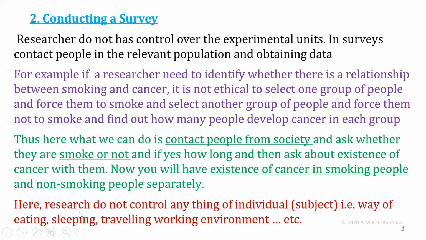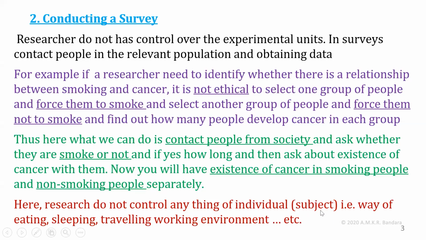So, unlike in an experiment, the researcher cannot control the experimental unit in a survey. Here, the individual is the experimental unit. Sometimes it may be an animal. In experimental jargon, this individual or animal or thing we are observing, we call a subject.